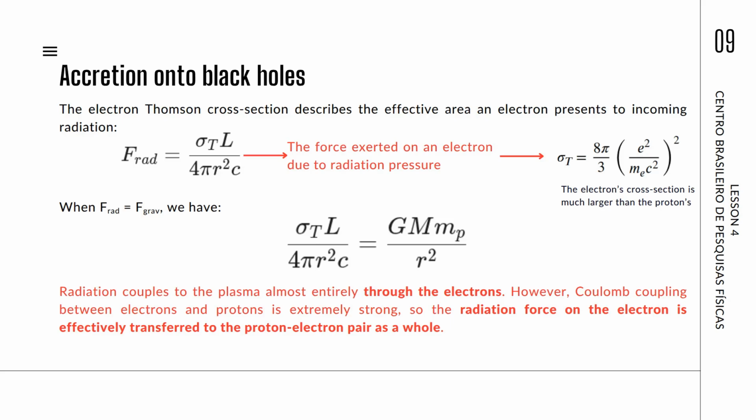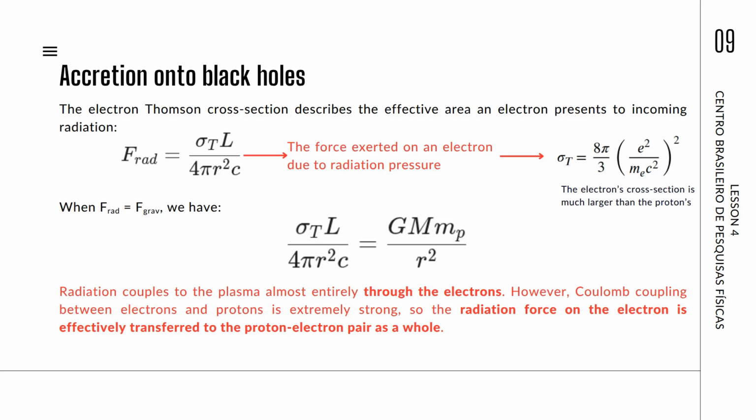Okay, so this is the force acting on a single particle, on an electron actually. And if we take this radiation force and set it equal to the gravity force, we will find the Eddington limit. So this is the radiation pressure force, and this is the gravitational force on the particle.